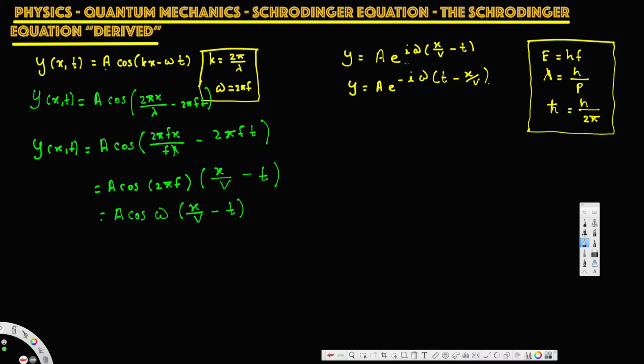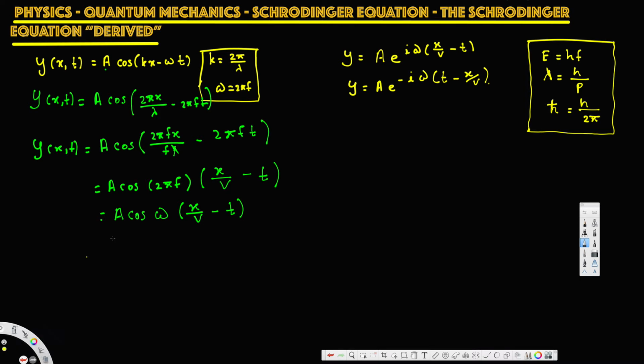Now if you look at this one, here we have a e^(iω(x/v − t)), right? This is a complex exponential, and if you use Euler's equation to write this in terms of cos and sine, you are going to have an equation like this.